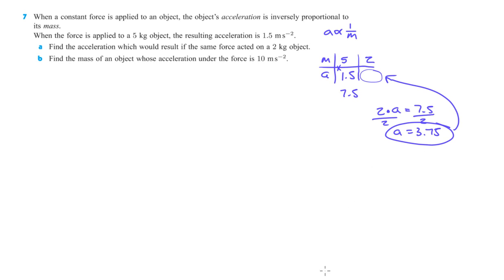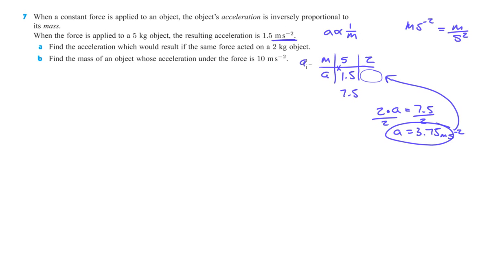Since that's our acceleration, it should be meters per second squared. Just a little side note here, ms to the negative 2, we are used to seeing that as meters per second squared, because that s to the negative 2 just goes to the bottom. This is how you're going to see it written in the rest of this textbook and also on the IB test, so it's important to get used to that notation.